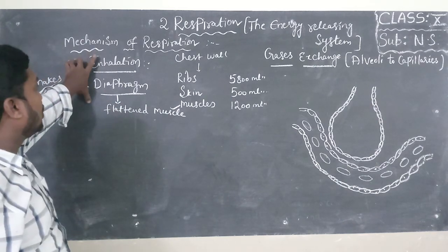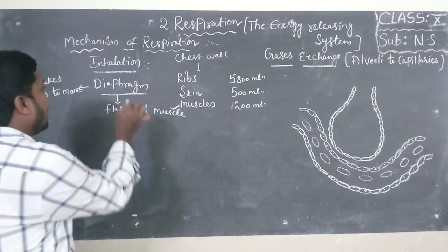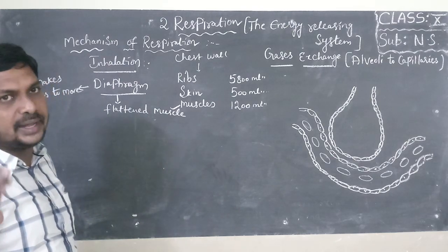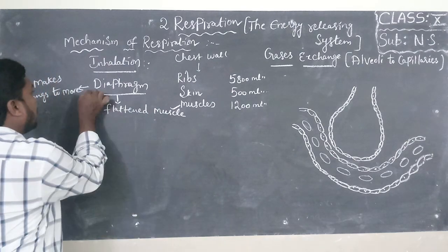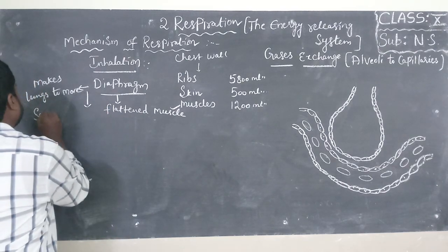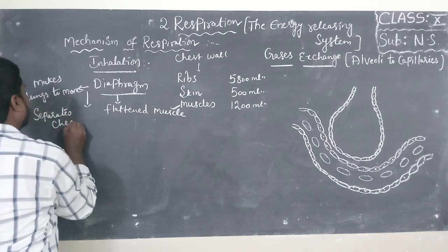Now I will explain the mechanism of respiration. Lungs cannot move by their own. The diaphragm is a flattened muscle that makes lungs move forward and backward. What is diaphragm? Diaphragm is a muscular flattened muscle which separates the chest cavity from the abdominal cavity.